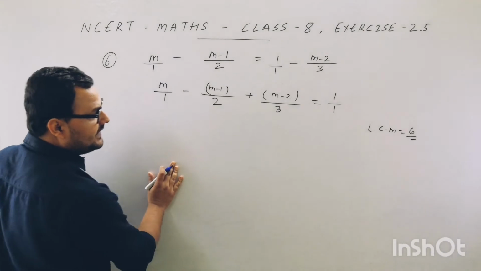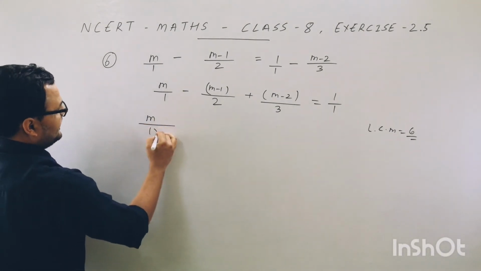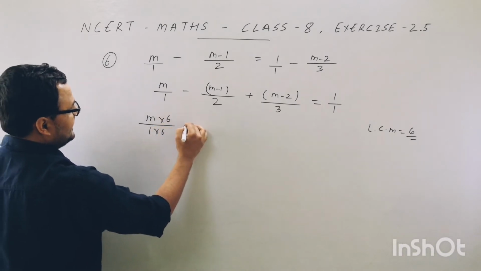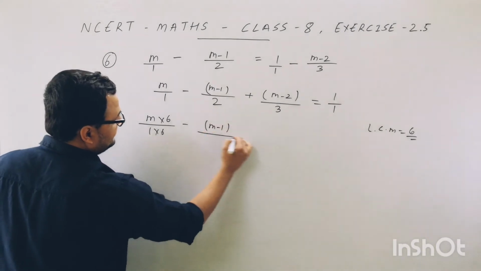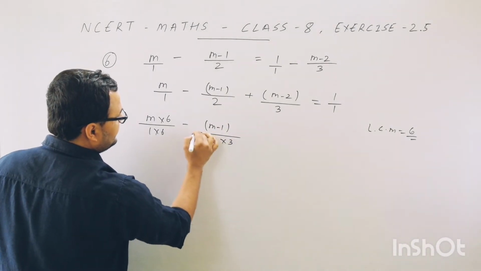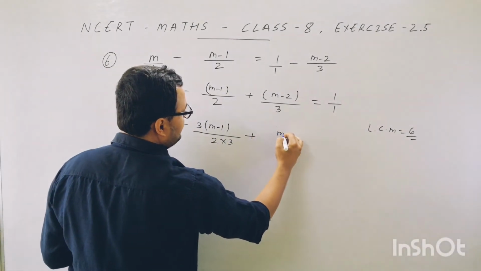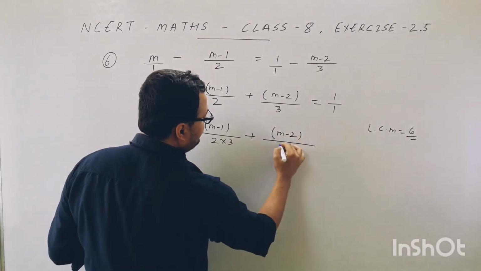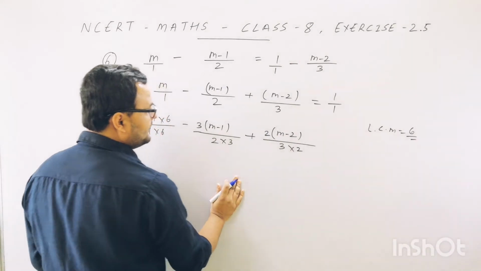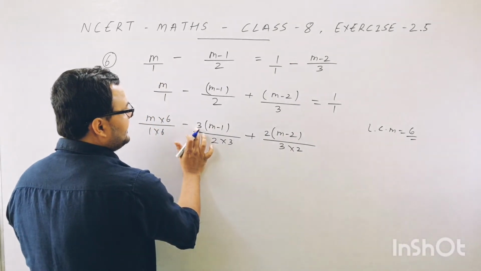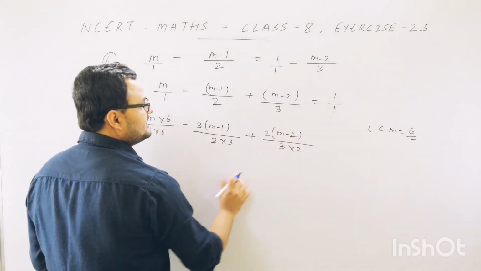So all the denominators we have to convert to 6. So 1 into 6, and minus (m minus 1) by 2, that total we are going to multiply with 3, plus (m minus 2) by 3, multiply with 2. 3 into 2 is 6. You can multiply 3 this side or that side, and 2 this side or that side, we will get the same answer.